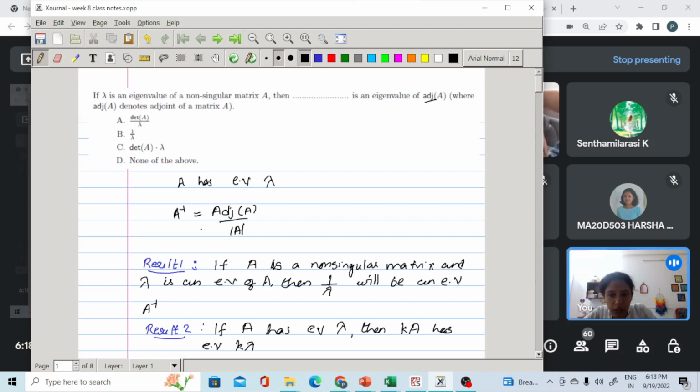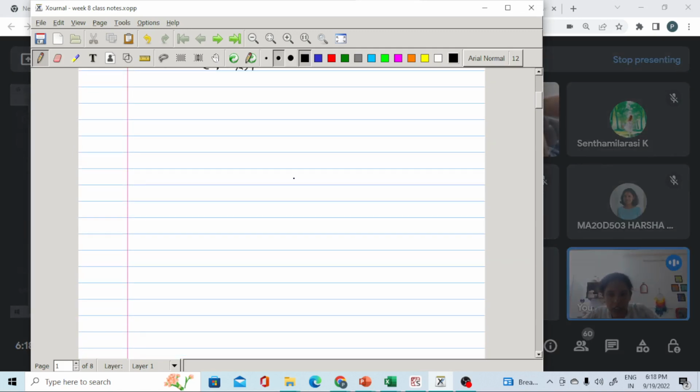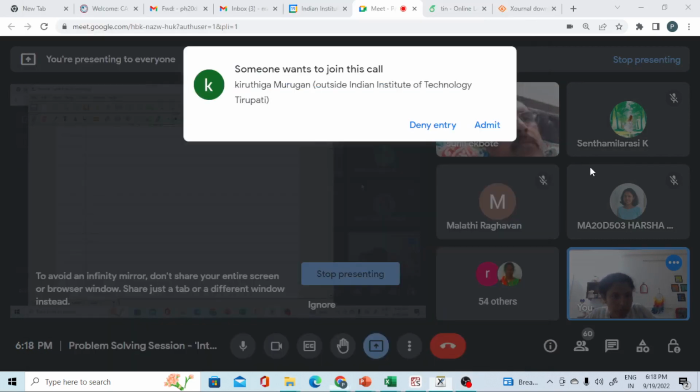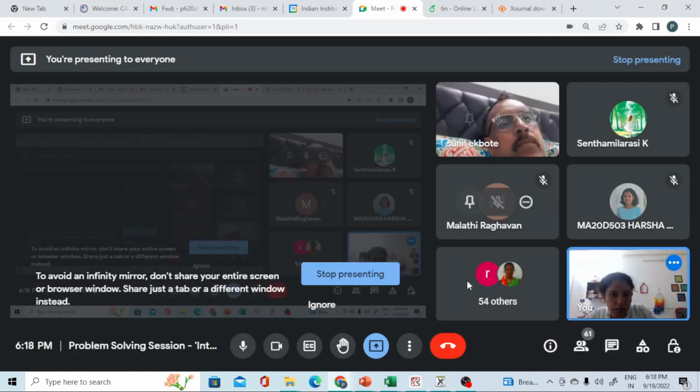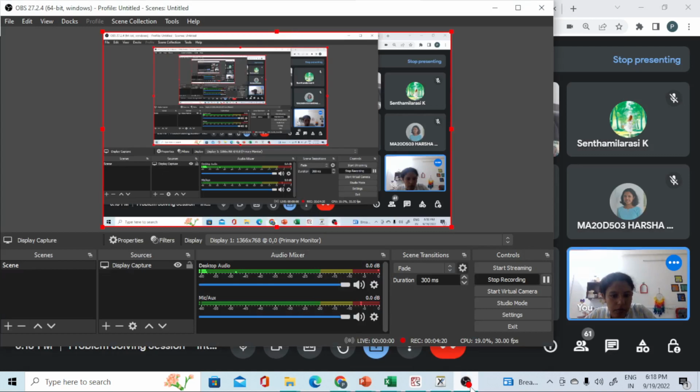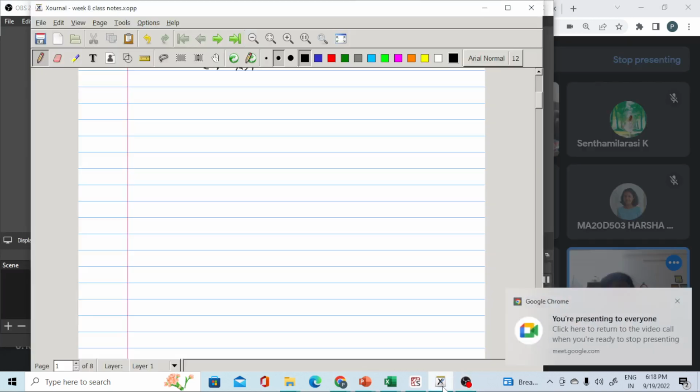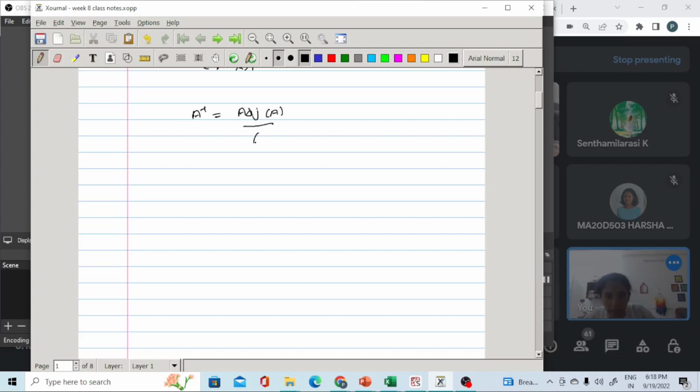What we already know is A inverse equals adjoint of A by determinant of A. This means we can write adjoint of A equals determinant of A into A inverse.